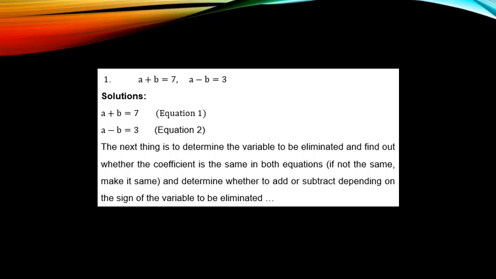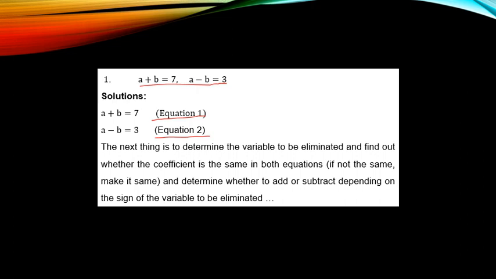Okay, example 1. Solve simultaneously a plus b equal to 7, a minus b equal to 3. So you have a pair of equations, and you label them. a plus b equal to 7, equation 1. a minus b equal to 3, equation 2.